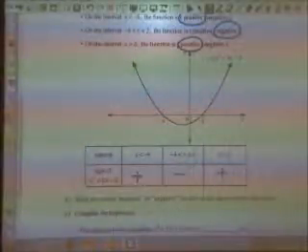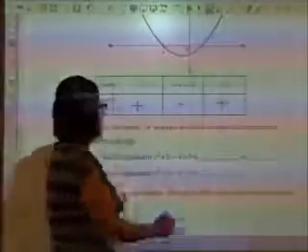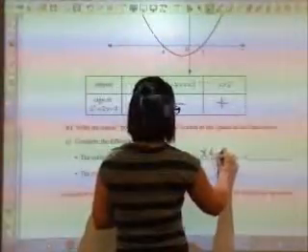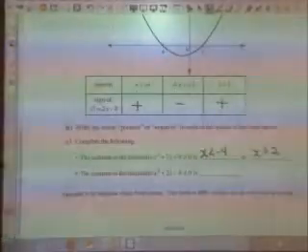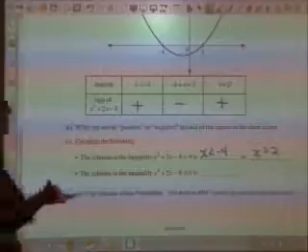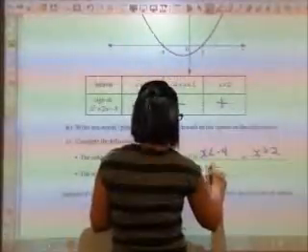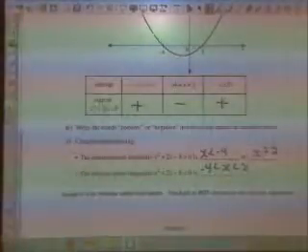The parts of the graph that are positive correspond to the inequality greater than 0, which happens when x is less than -4 or when x is greater than +2. The solution of the inequality less than 0 would be the negative part, which is between -4 and +2.